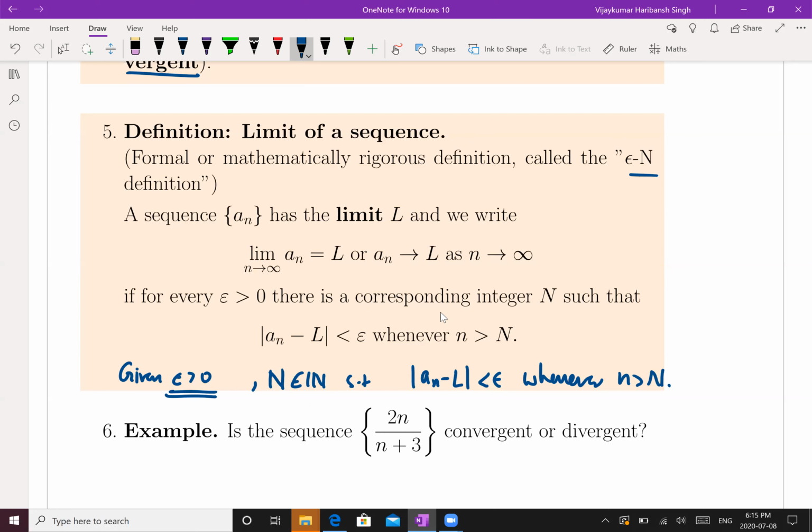You say, well, I give you epsilon greater than 0, and for that epsilon, you should be able to find N such that |a_n minus L| is less than epsilon whenever n is greater than or equal to N.